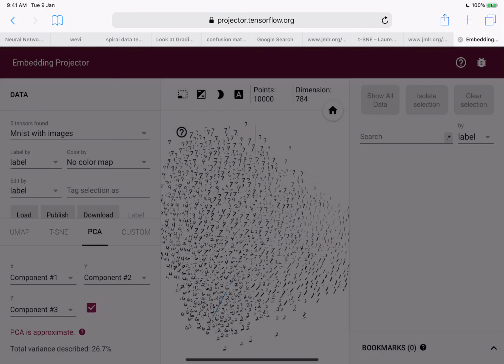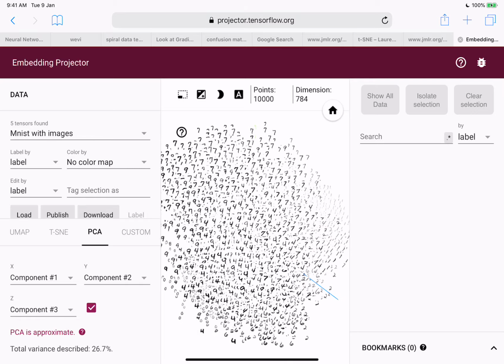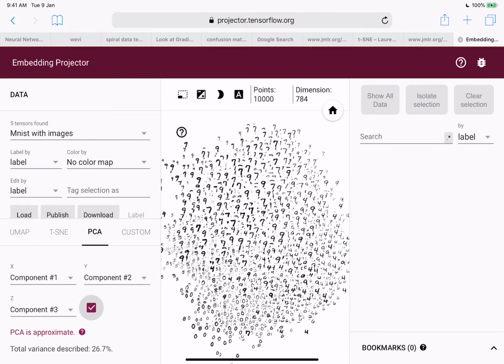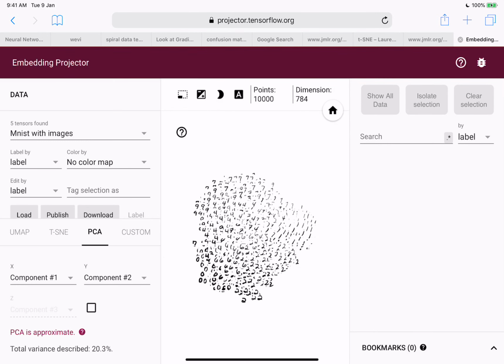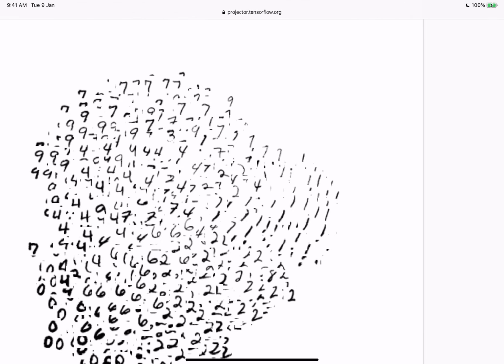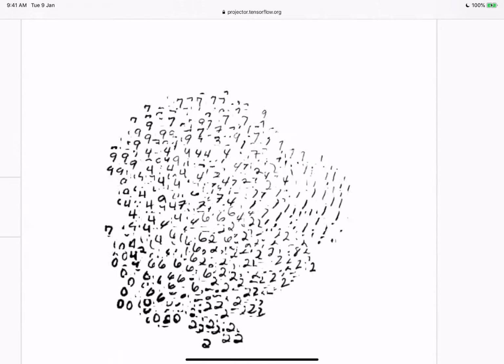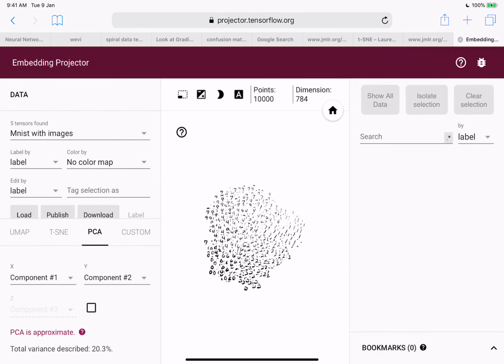Then it basically performs a PCA, and it's a three-dimensional result, but basically this is a two-dimensional dimension reduction result, and each point is assigned two-dimensional coordinates.